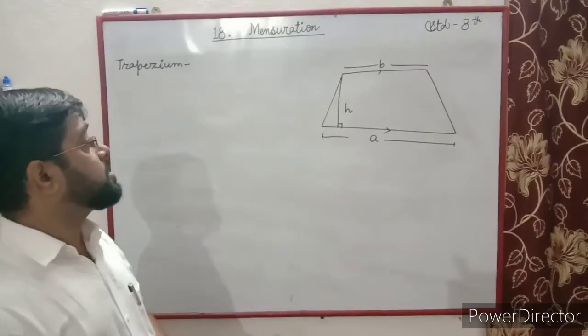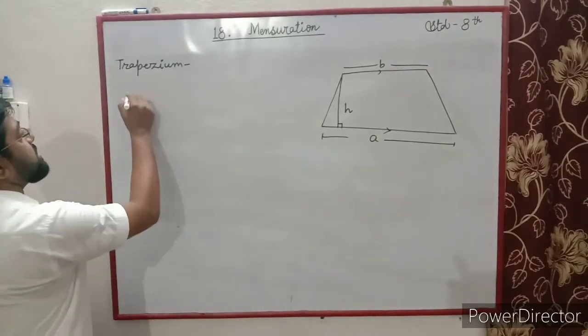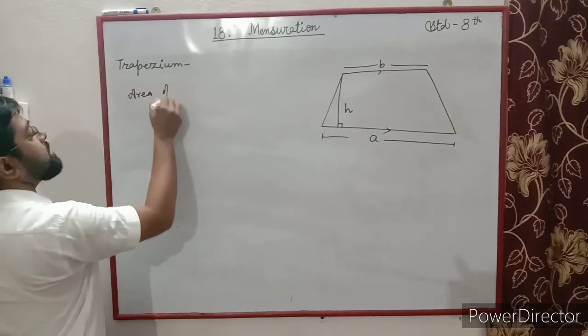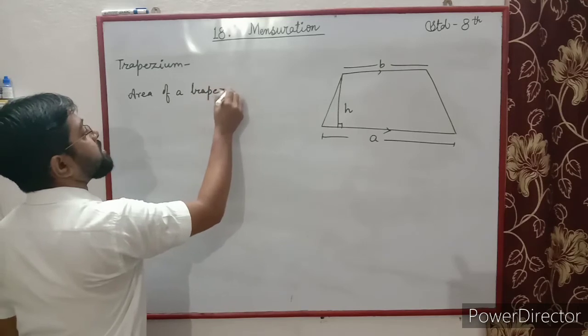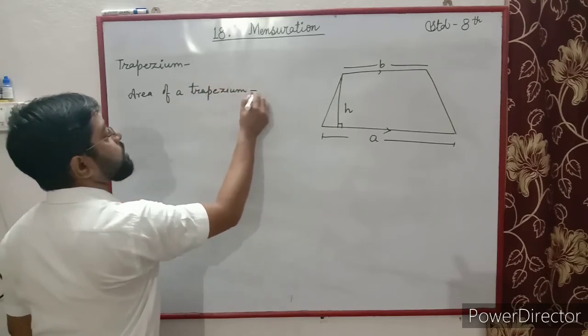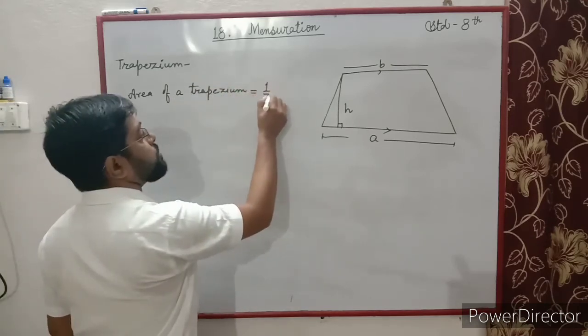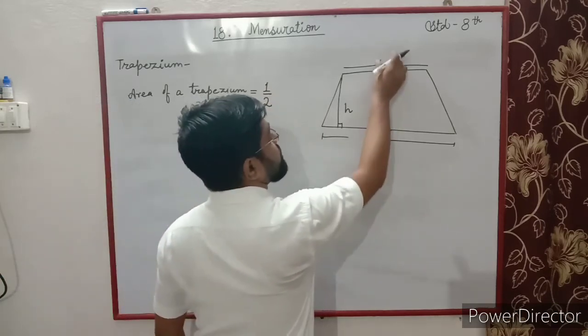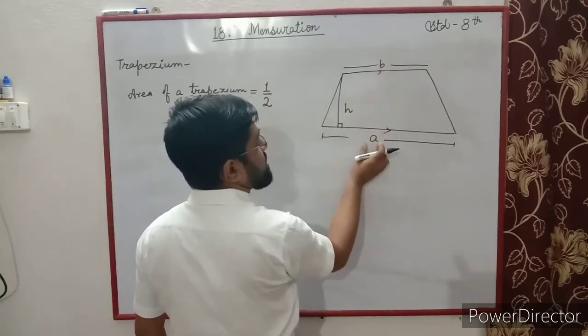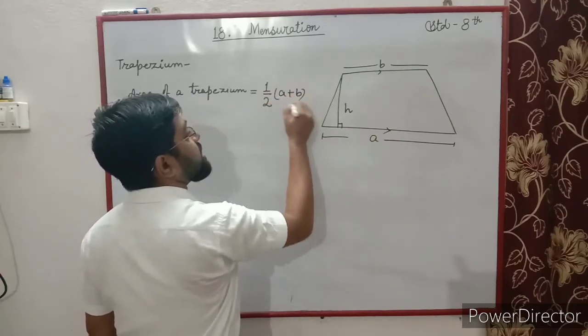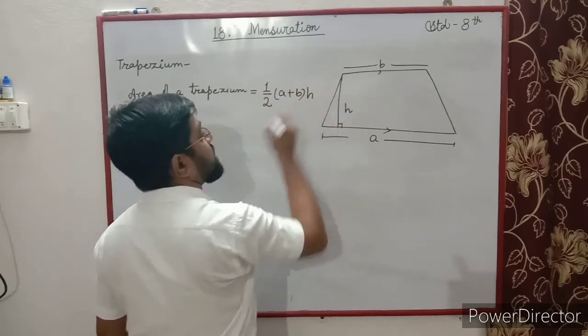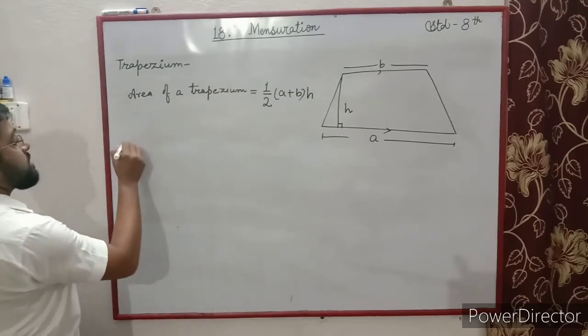Now trapezium. So area of a trapezium is equal to 1 by 2 sum of the parallel sides. So parallel sides is A and B, A plus B into height h. Now rhombus.